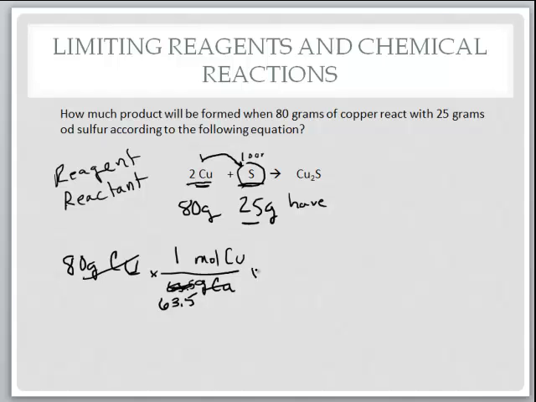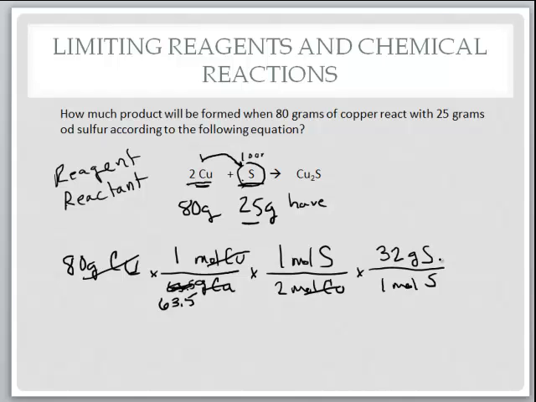We have moles of copper. The mole ratio is 2 to 1. So we'll put 2 moles copper in the denominator, 1 mole sulfur in the numerator. Moles of copper cancel. Now we have moles of sulfur, and we want to convert that to grams. So 1 mole of sulfur, and sulfur has a molar mass of 32 grams.